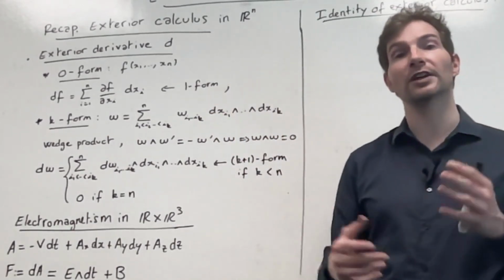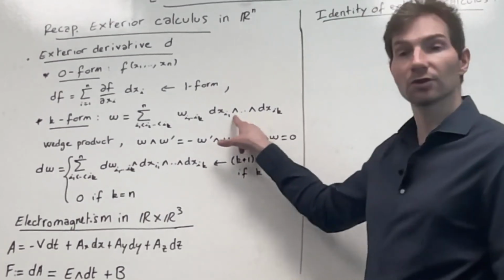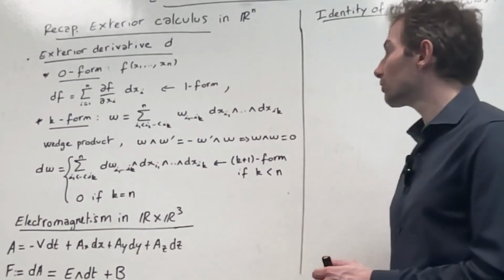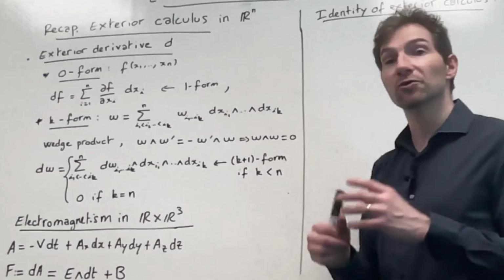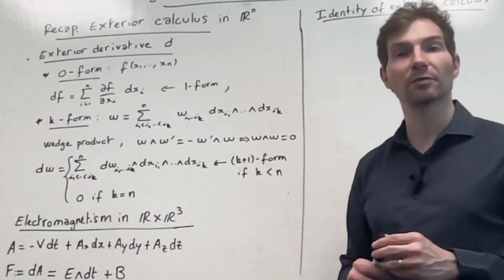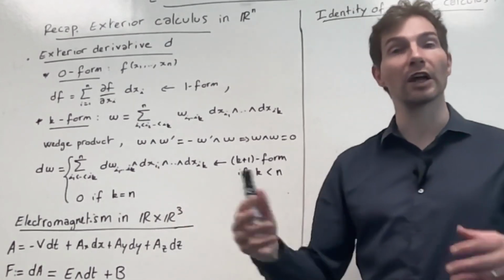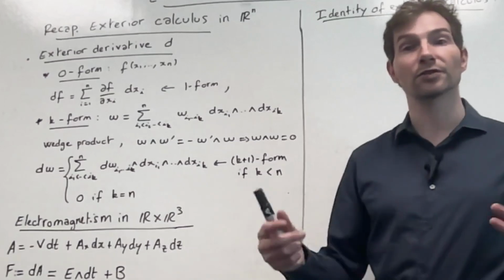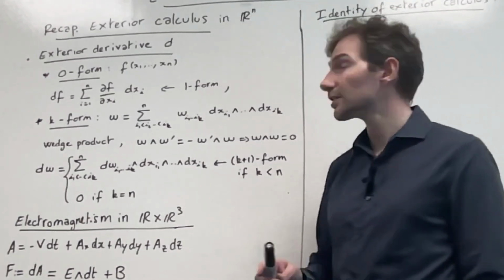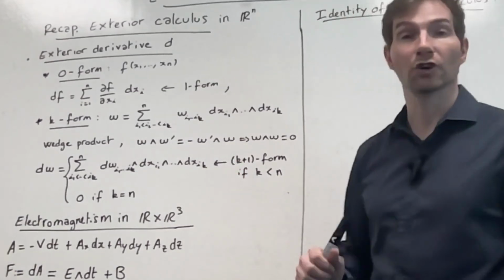So you can view that as a sort of basis vector, and this thing here is called the wedge product. And the wedge product is really a simple product, if you will, where formally the only thing we care about at that stage is that omega wedge omega prime, where omega and omega prime are a priori different forms, is equal to minus omega prime wedge omega.